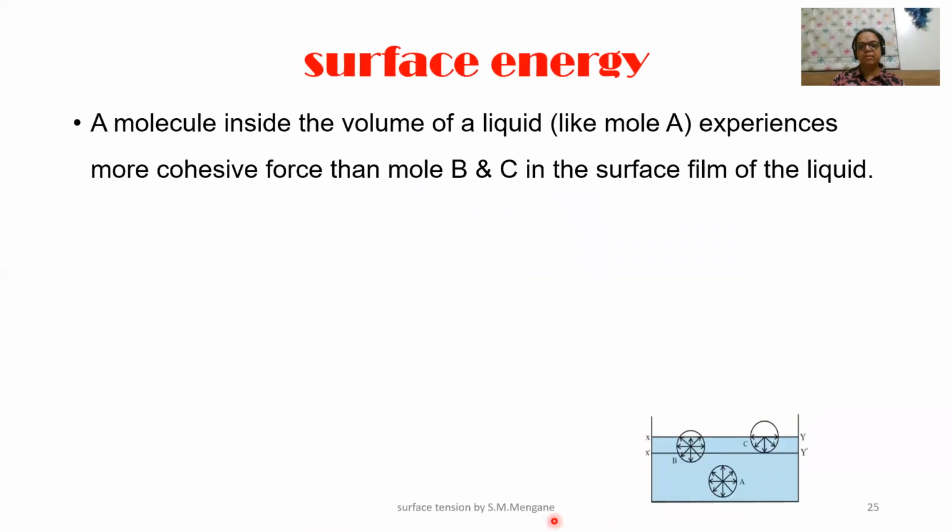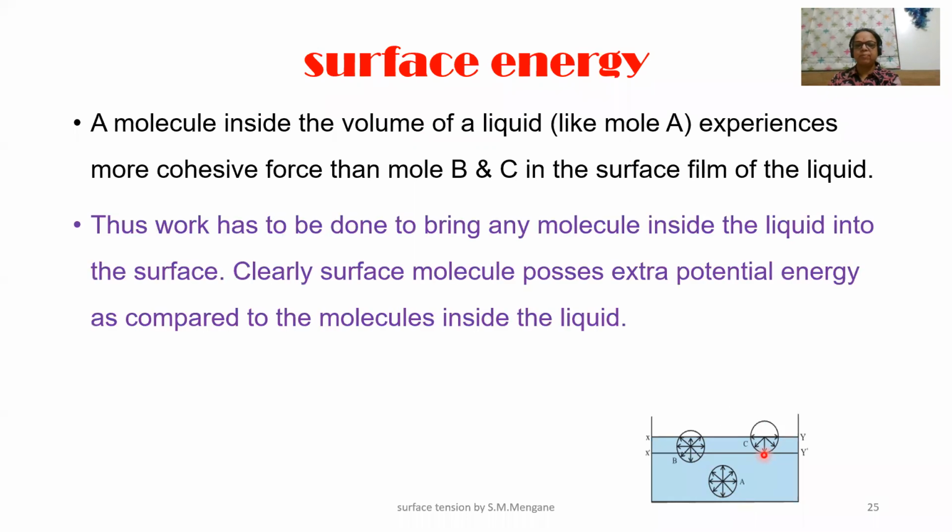Now, surface energy. A molecule inside the volume of the liquid, like molecule A, experiences more cohesive force than B and C in the surface film of the liquid. No doubt, as A is inside the liquid, it is surrounded by liquid molecules and they exert strong cohesive force on it as compared to B and C. It means work has to be done to bring any molecule inside the liquid into the surface.